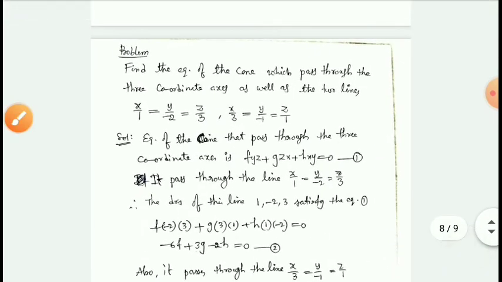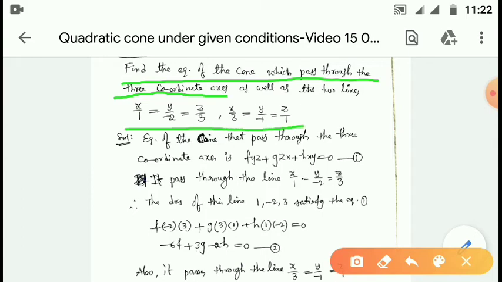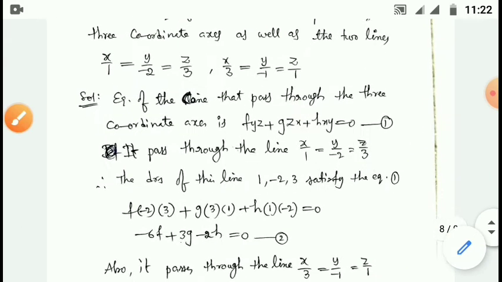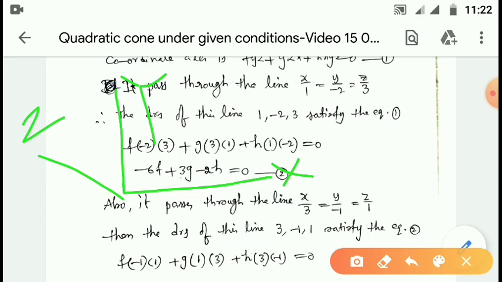So find the equation of the cone which passes through the three coordinate axes and also through these lines. Once again I am repeating the diagram. It is the x axis, the y axis, and the z axis. This is the origin.